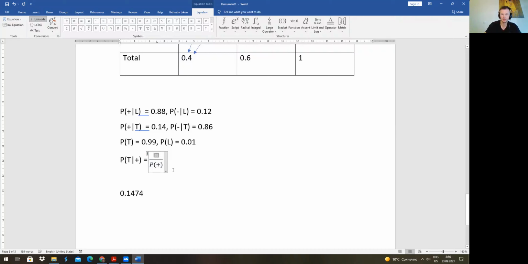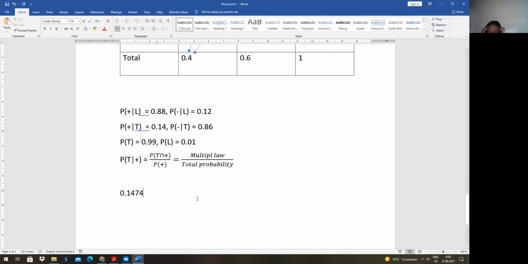And in the numerator we must find the joint probability of the person telling the truth and the polygraph showing us a positive response. So in the denominator you must apply the total probability. No, I'm sorry, and here you must apply multiplication.